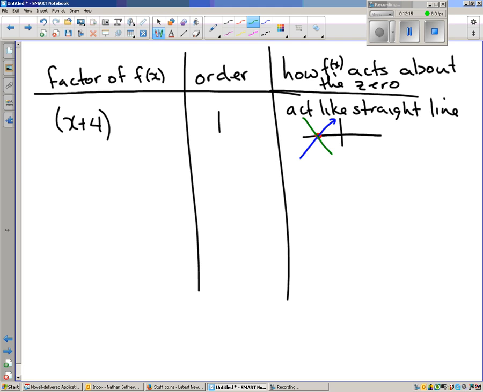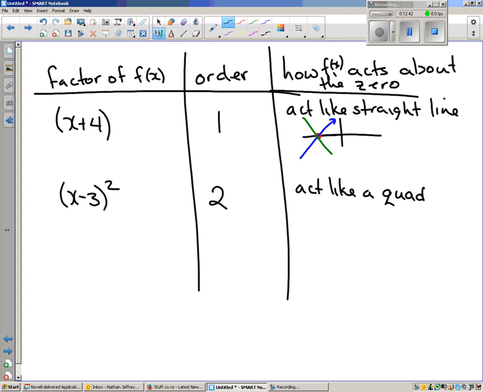Okay? If we look at a polynomial, or if we have a factor, say (x - 3)², like the one that we had in our example before, what's the order of that one? It's of order 2. And this one's going to act like a quadratic around that 0.